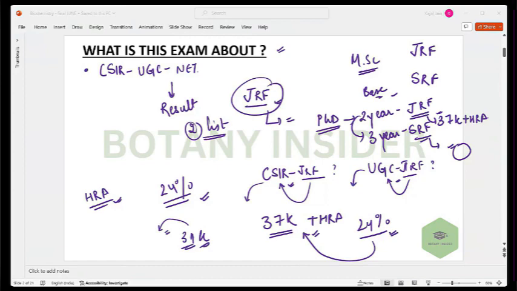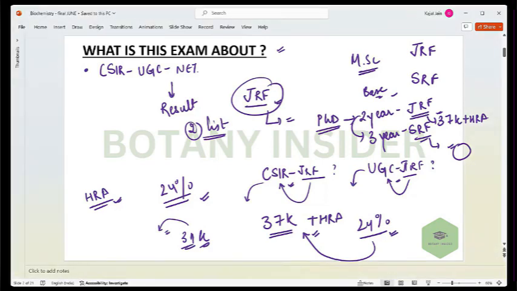Write down in the chat section. It is not 41, it is 42.